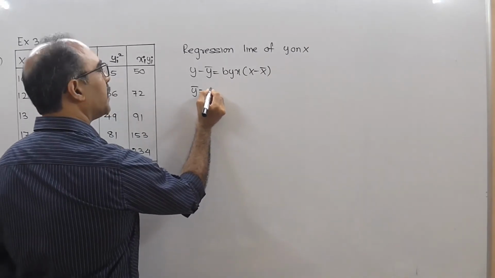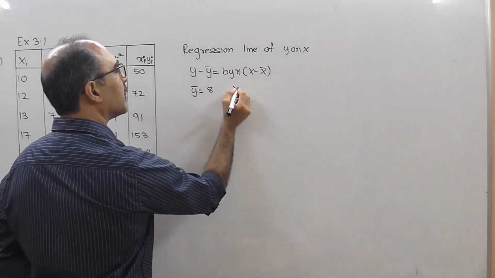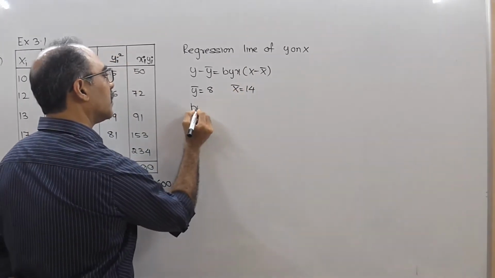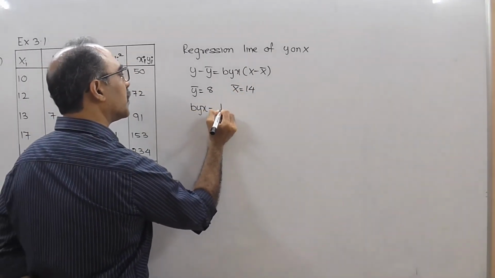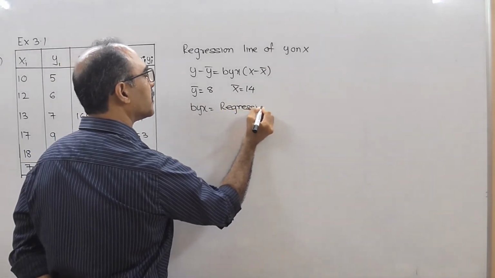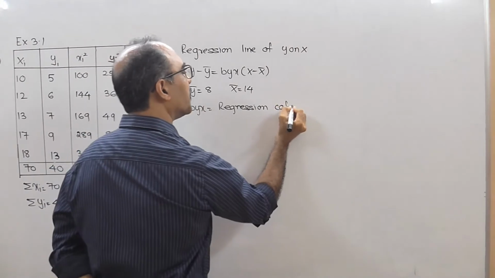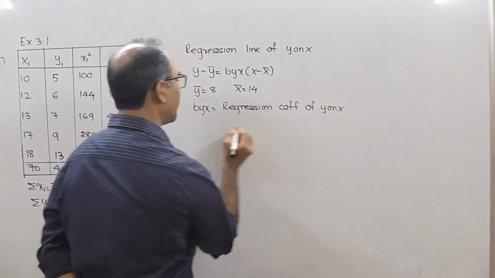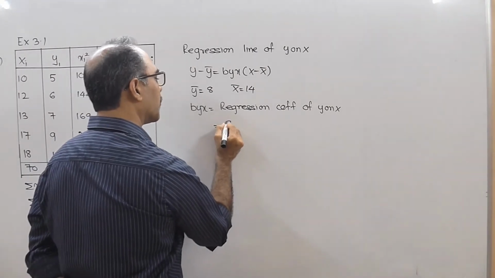Y bar will be 8, x bar will be 14. Now byx equal to the regression coefficient of y on x. byx equal to covariance of xy upon variance of, what is the last alphabet? X.